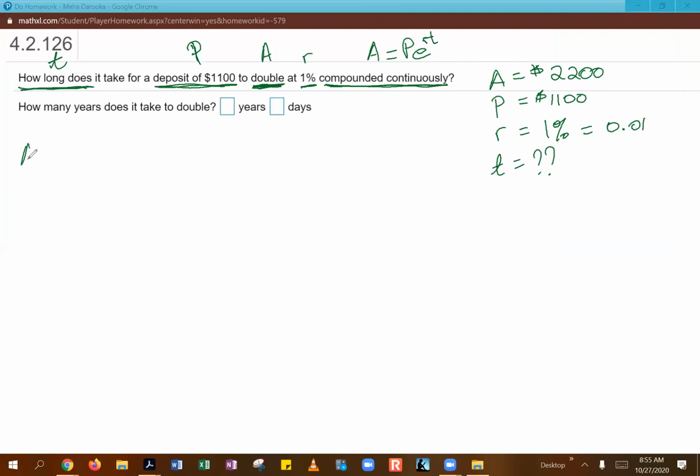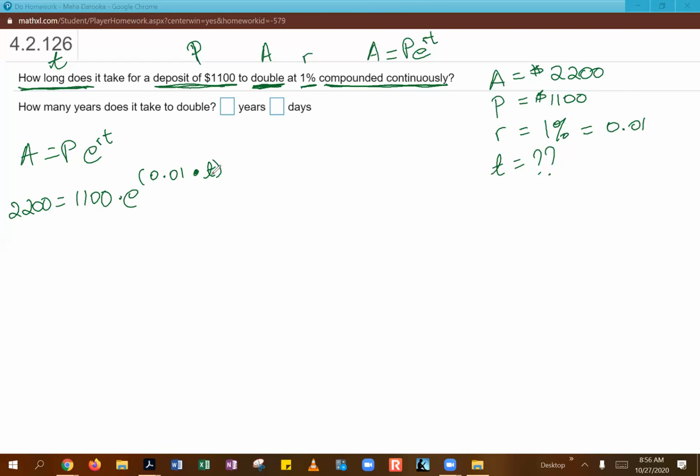So in our formula, A is 2,200, P is 1,100. We're multiplying it by the natural number e, and as our exponent, we will have R, which is 0.01, multiplied by T.